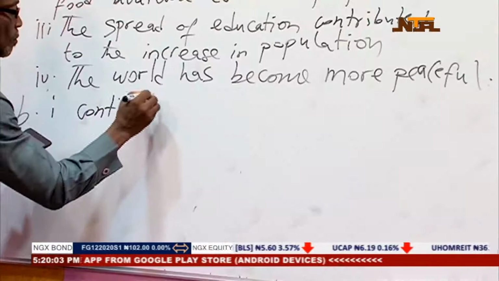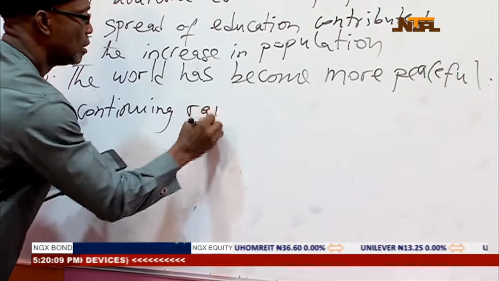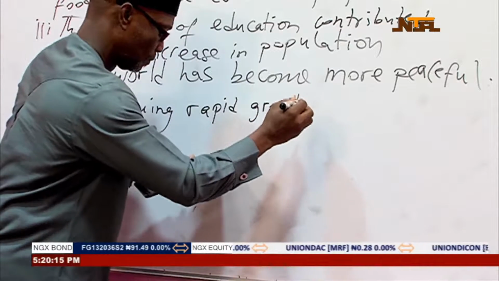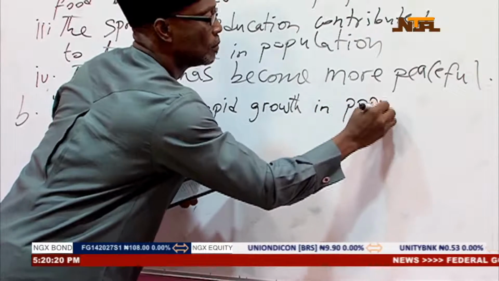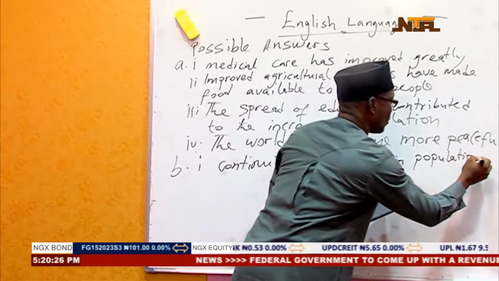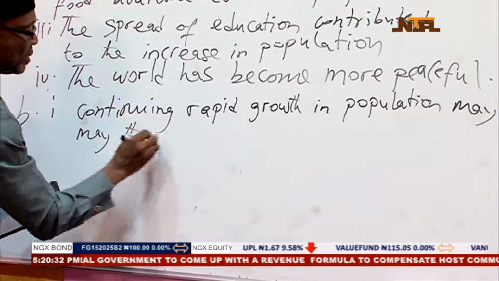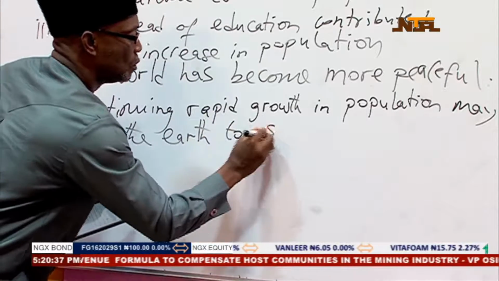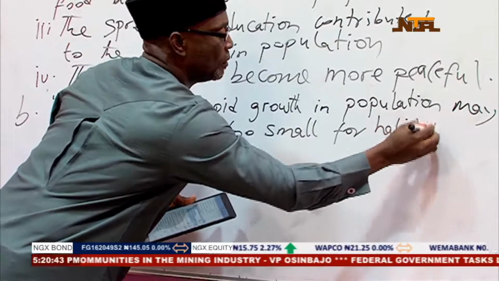Continuing rapid growth in population may make the earth too small for habitation.